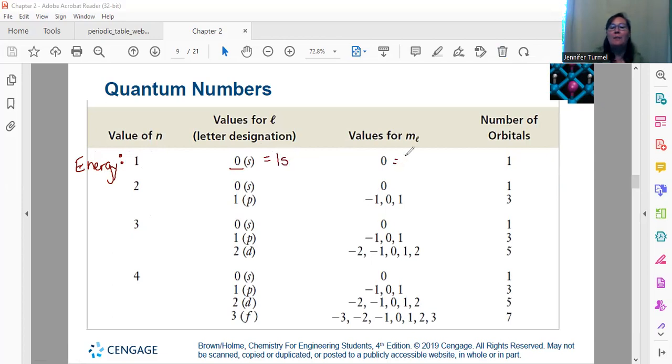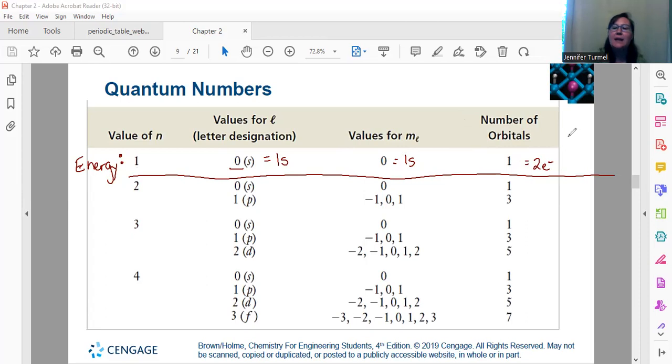In that 1s orbital we have one orbital, which means that we can have 2 electrons, and there's our number of orbitals. What I want you to add over here on the side is spin, just a place to identify where things are at. These 2 electrons would be up and down.